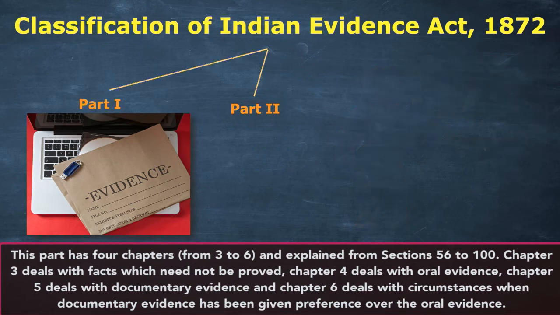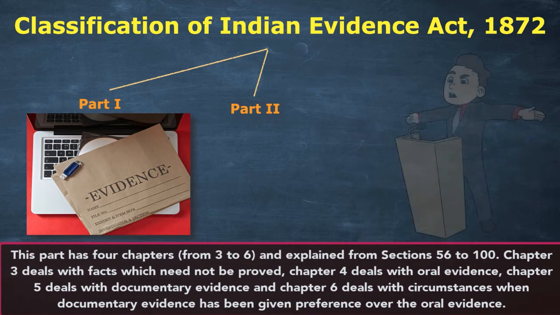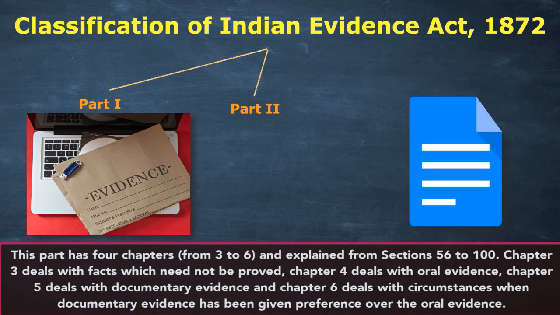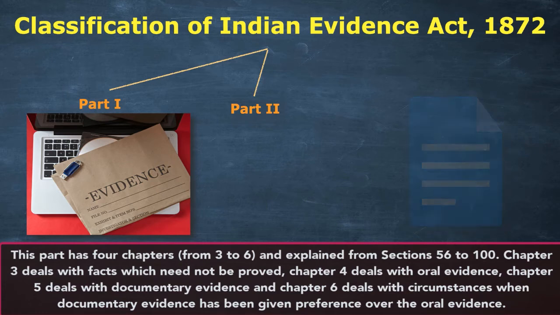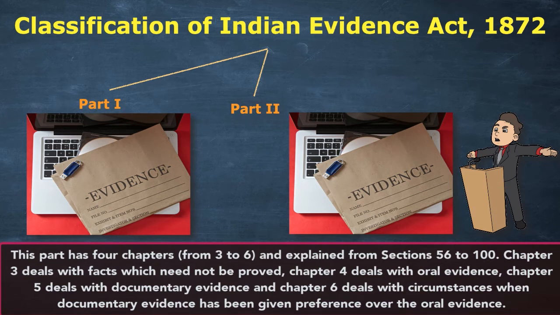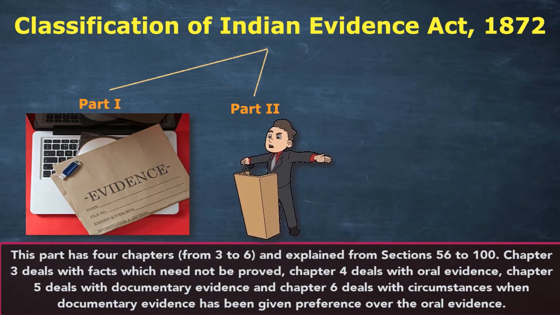Chapter 3 deals with facts which need not be proved. Chapter 4 deals with oral evidence. Chapter 5 deals with documentary evidence. And Chapter 6 deals with circumstances when documentary evidence is given preference over oral evidence. So it is clear now what part 1 does and what part 2 does.